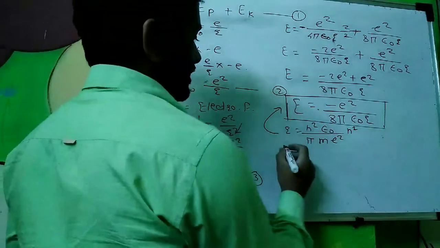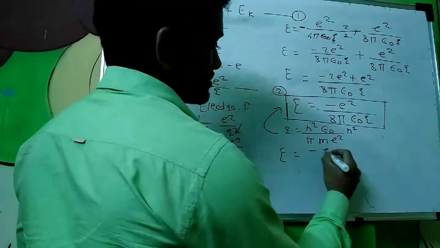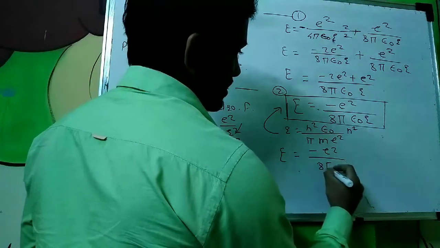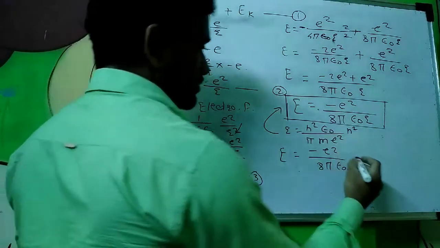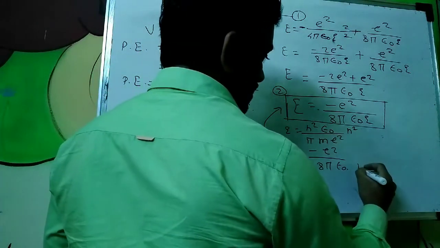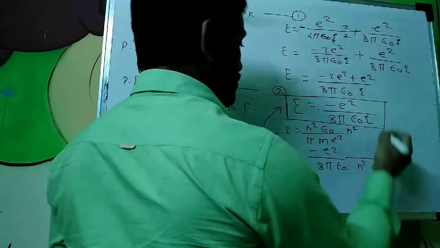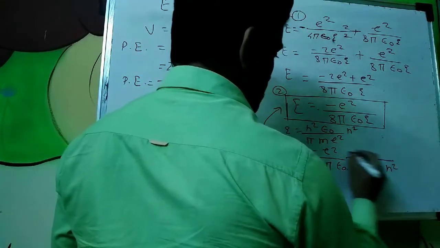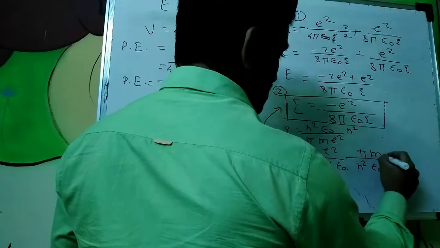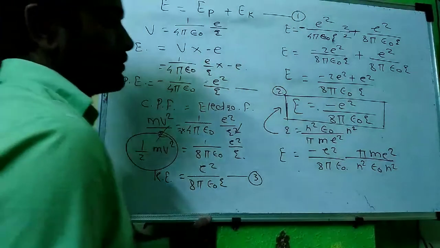What will happen? E is equal to minus e square by 8 pi epsilon naught as it is. What would be the value of r? It is h square epsilon naught by, so the denominator term goes to the numerator, n square pi m e square.